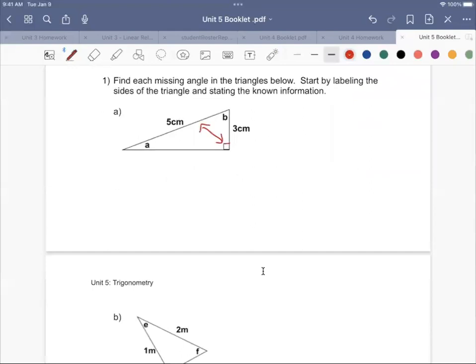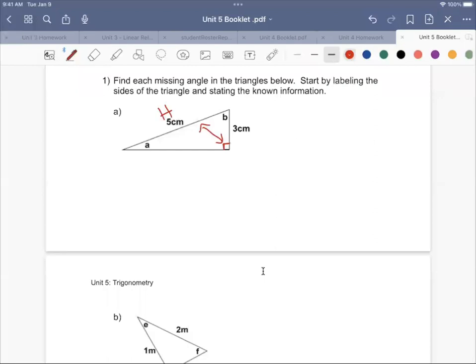We know I have my right angle here because of the square. Opposite of that is the hypotenuse. This now depends on how I'm going to look at it to figure out all the information that I need to know.